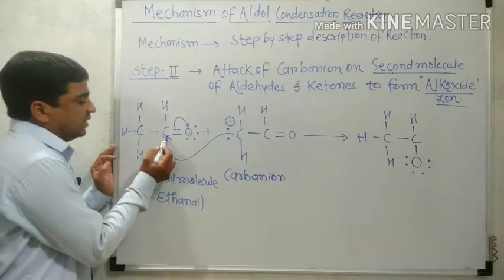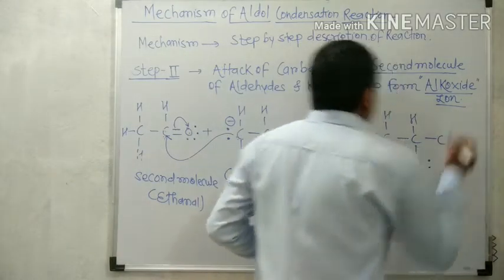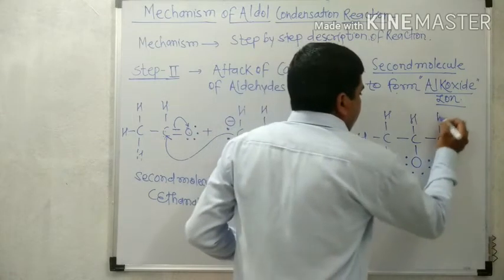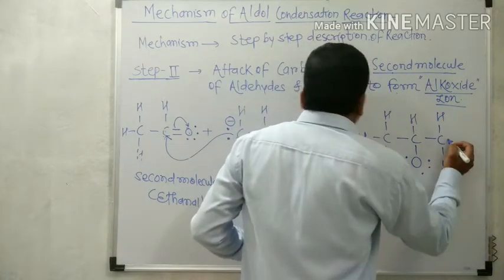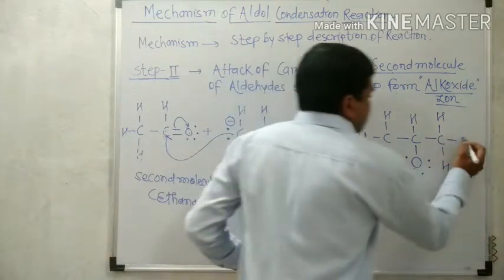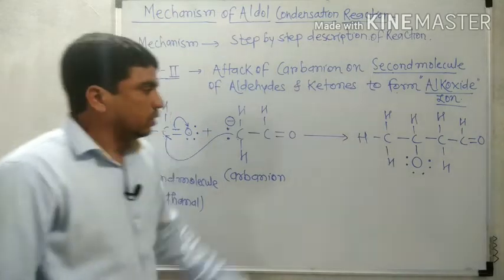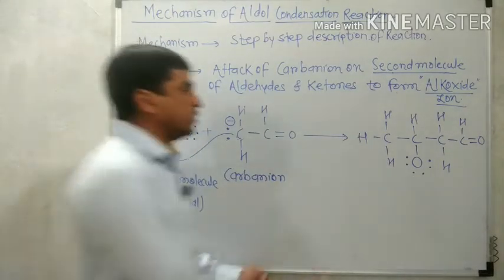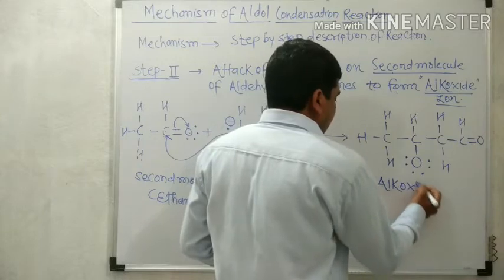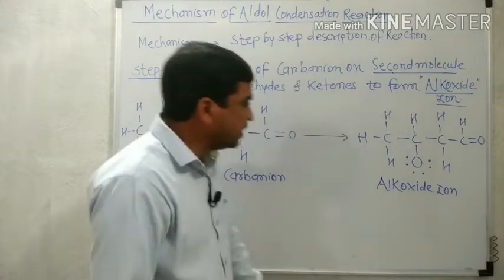And now this carbon is connected with this carbon through a single bond, the CH2 remains the same, and the remaining CHO. This is the alkoxide ion. Why is this ion called an alkoxide ion?